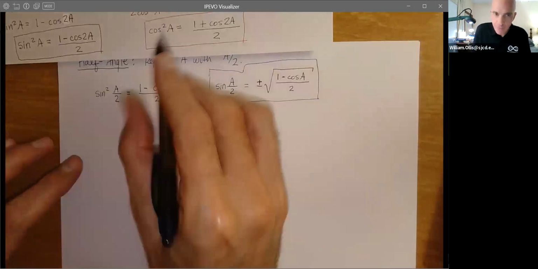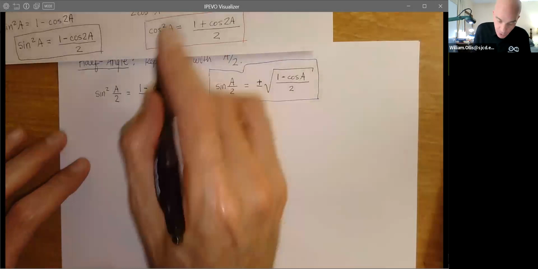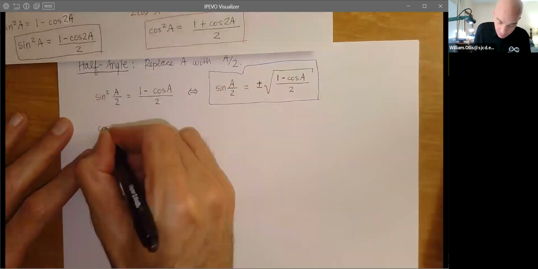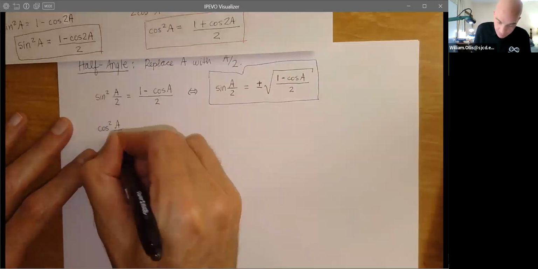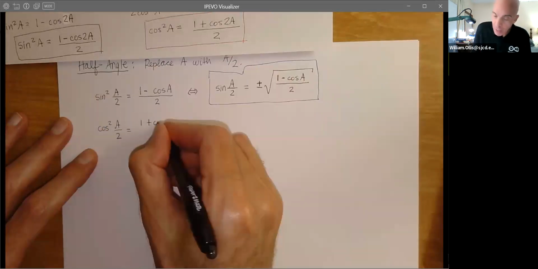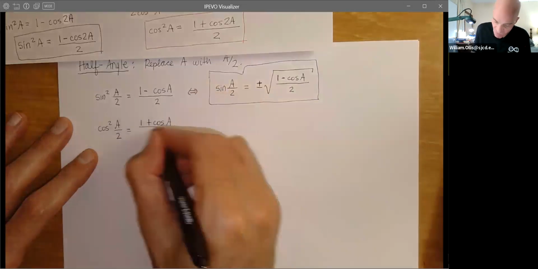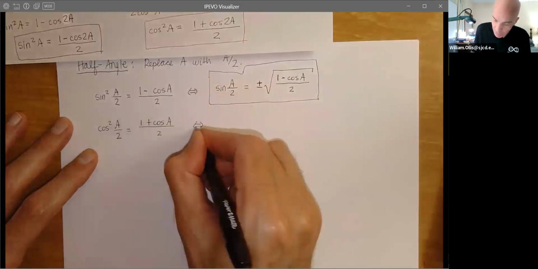Now let's do the same for the half angle for cosine, and we'll just replace A with A over 2. So cosine squared A over 2 equals 1 plus cosine, again, 2 times A over 2. That'll give us A divided by 2, square root property.